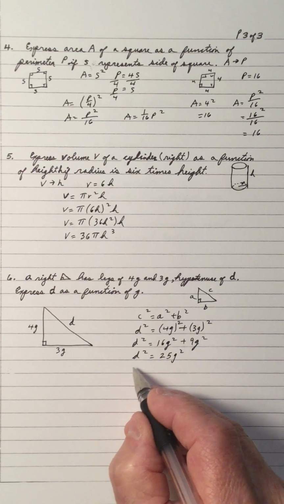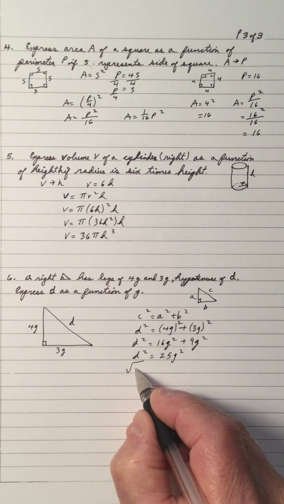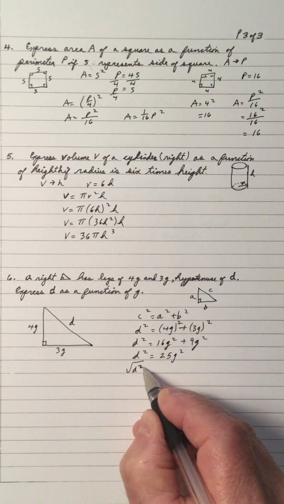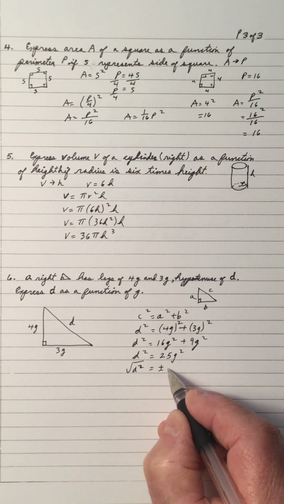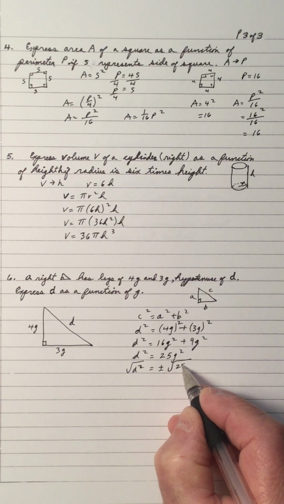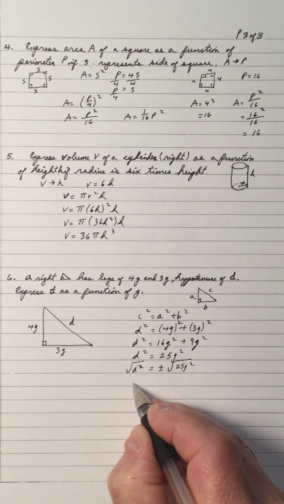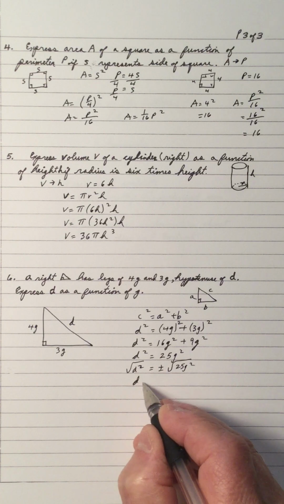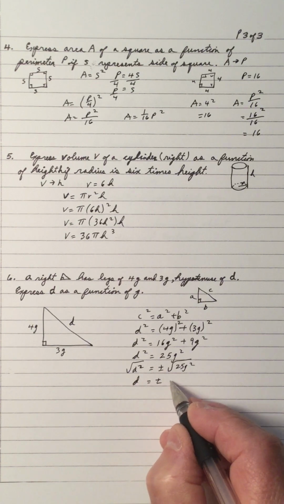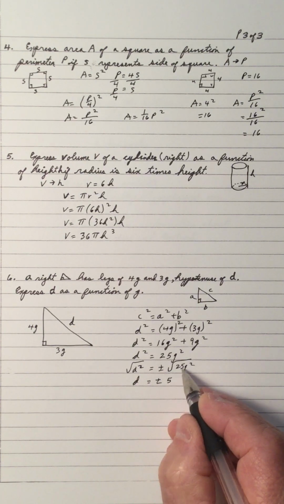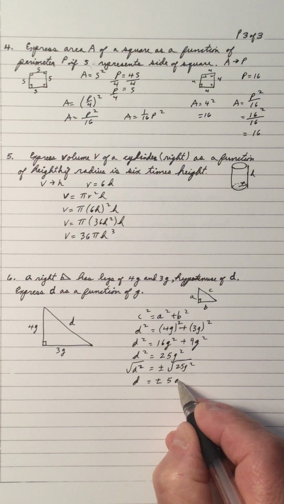To get to d, we take the square root: d is equal to plus or minus the square root of 25g squared. The square root of d squared is d, the square root of 25 is 5, and the square root of g squared is g.